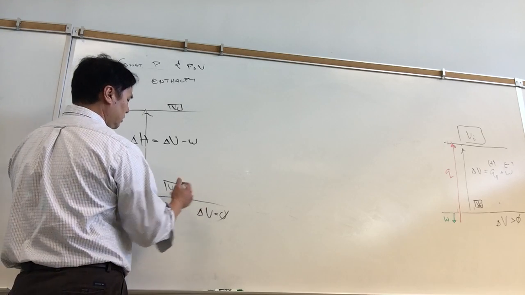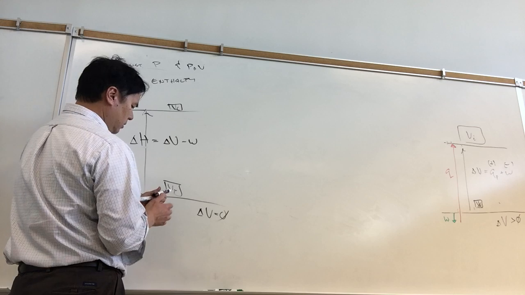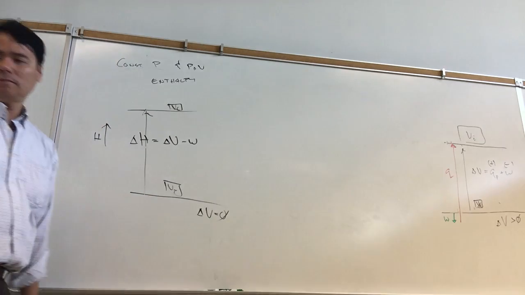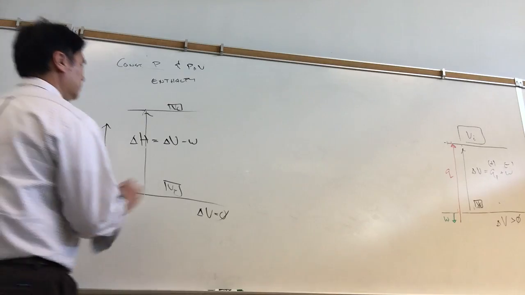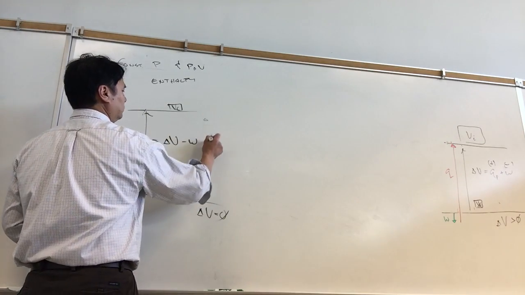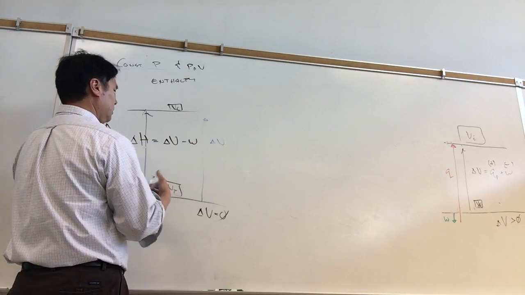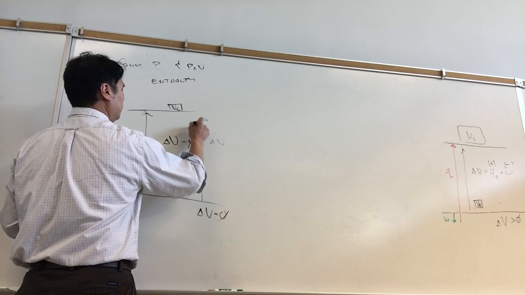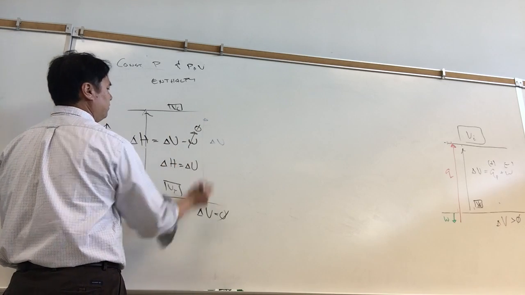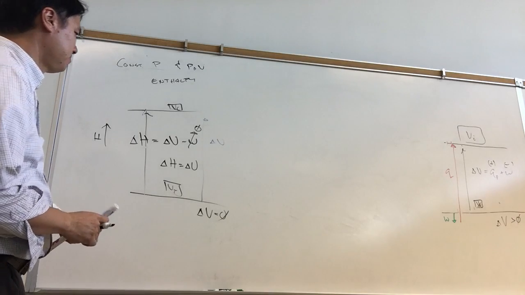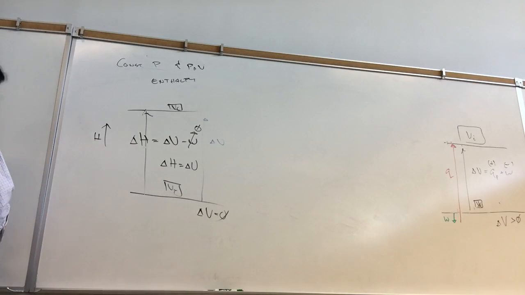We'll have delta U in blue. Work is 0. So here we have delta H is equal to delta U. And so our gross was 1,000.